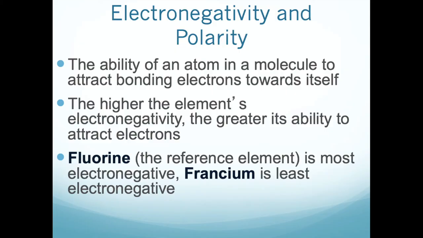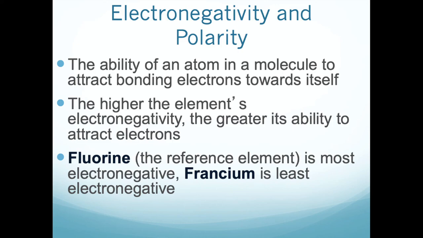Okay. Well, the third property, or third periodic trend, which I said I would get to in this chapter, is electronegativity. Electronegativity is the tendency of an atom to want to pull electron density from neighboring atoms towards it. So it's how much does an atom want electrons?